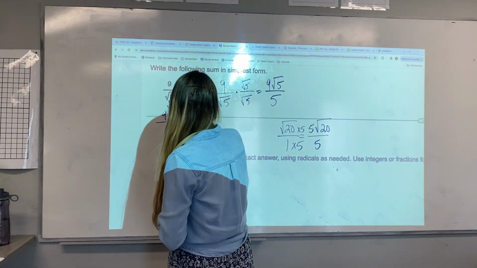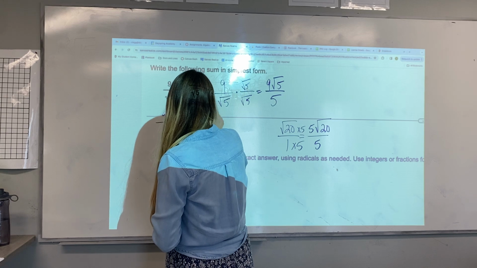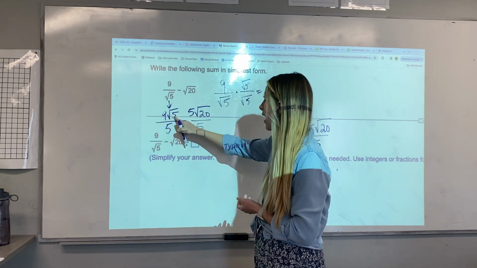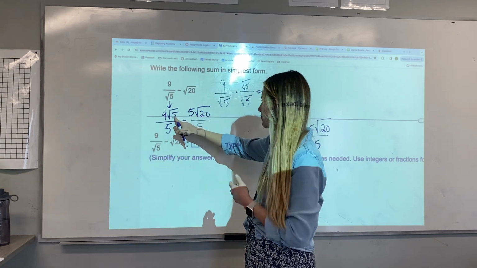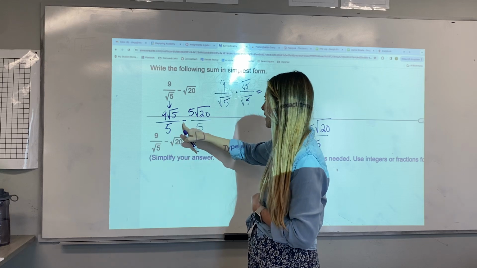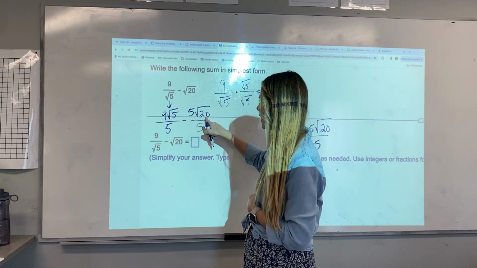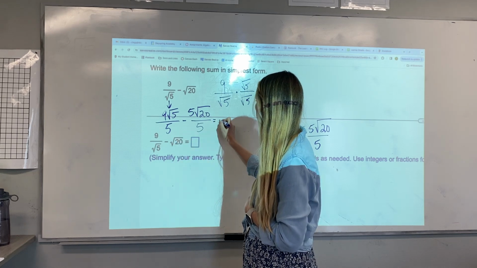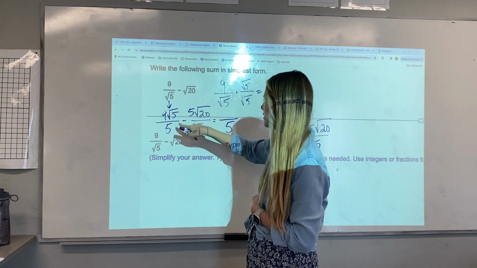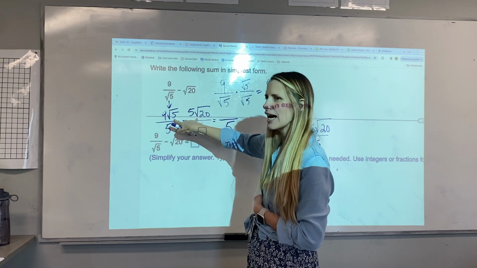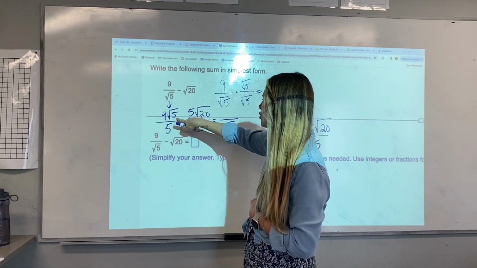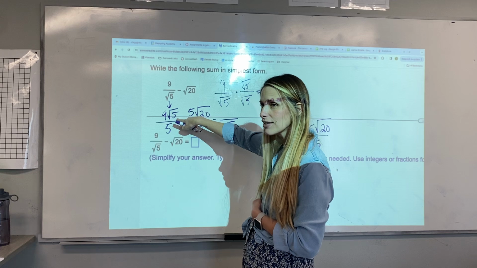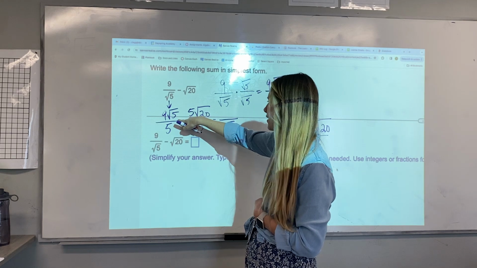So now I have 9 radical 5 over 5 minus 5 radical 20 over 5. So we have the same denominator. Now we just have to subtract these. But can I subtract them if I don't have the same radical? No, I cannot.